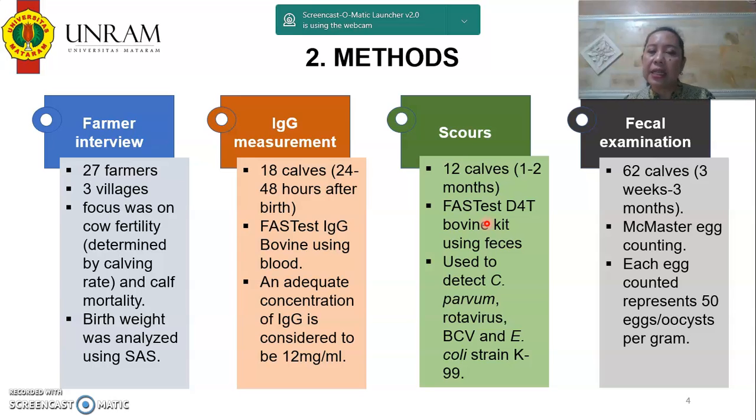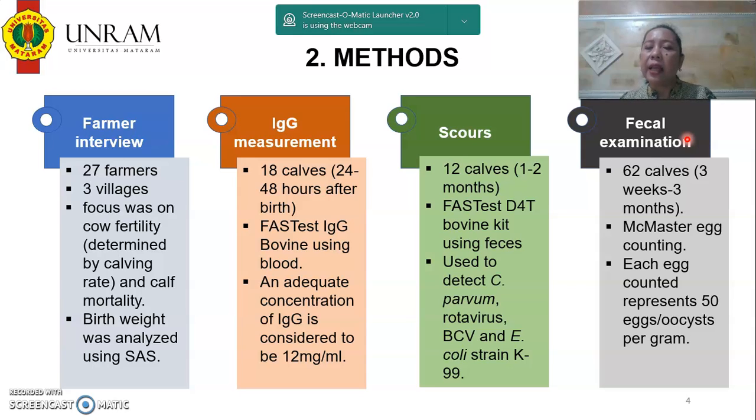This kit is a qualitative test on fresh feces that reports positive or negative samples and is used to detect Cryptosporidium parvum, rotavirus, bovine coronavirus, and also E. coli strain K99.